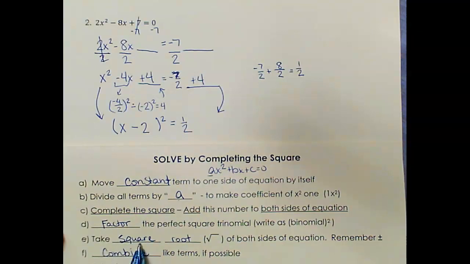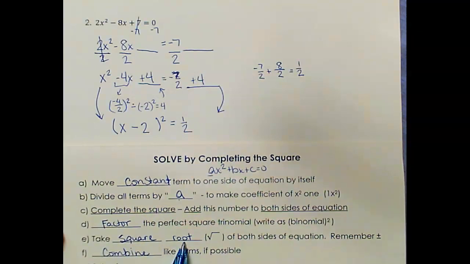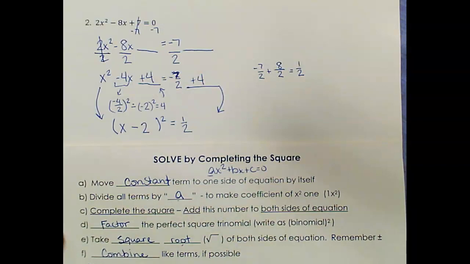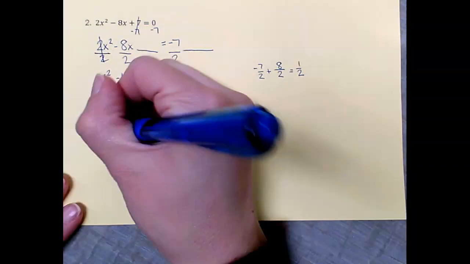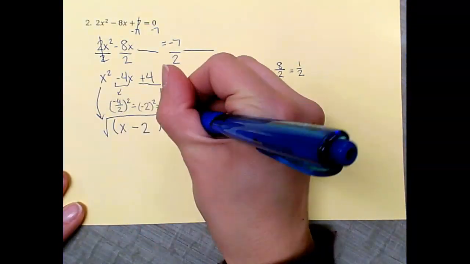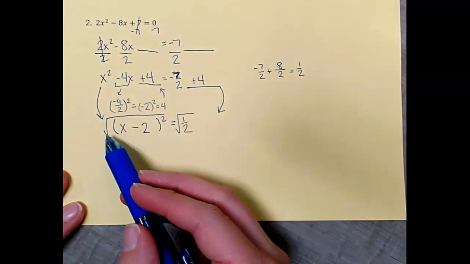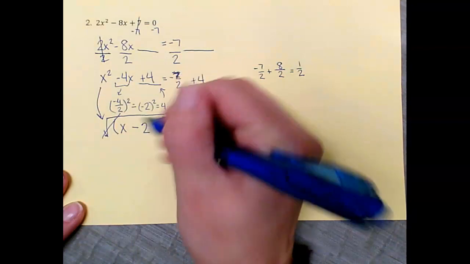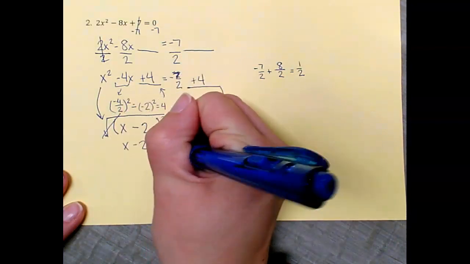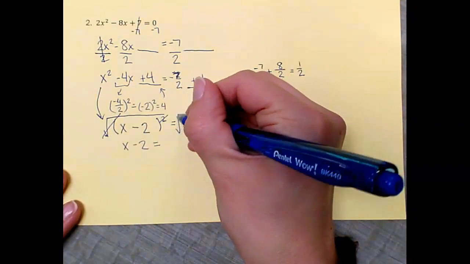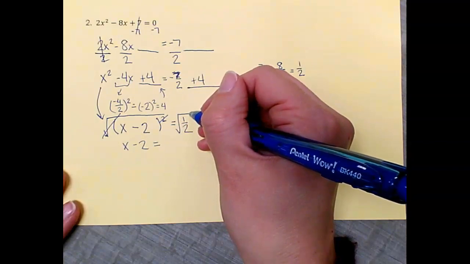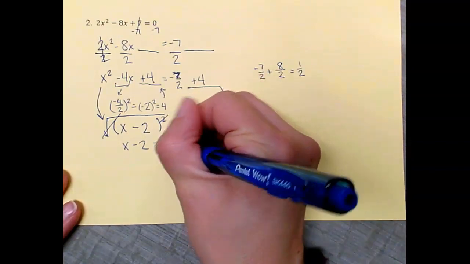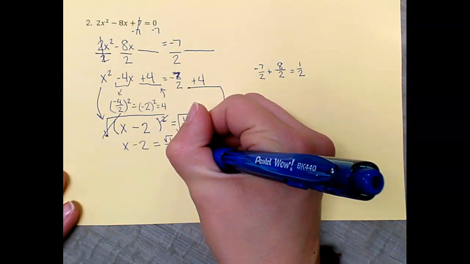Okay. So what happens now? I want to take the square root of both sides, remember plus or minus, and then I want to solve. So if I square root the left and I square root the right, what happens to the square and the square root? They undo each other. So I have x minus 2 equals the square root of 1 over the square root of 2.